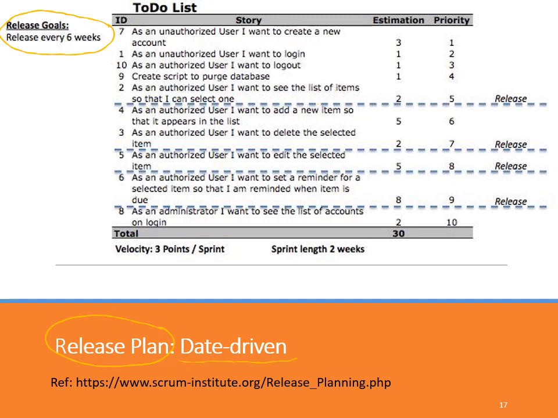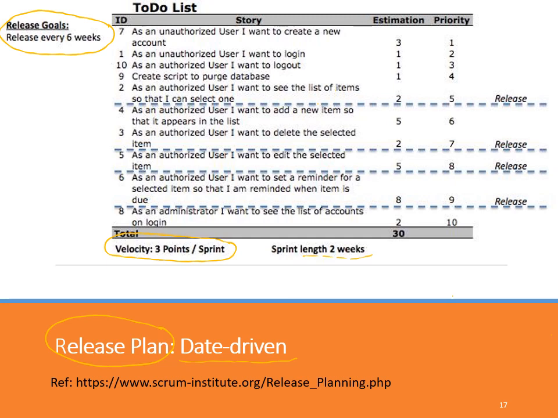And again, assume that our team velocity is 3 points per sprint. This is the capacity of the team to be able to complete works of 3 points per sprint, and the sprint length is 2 weeks.